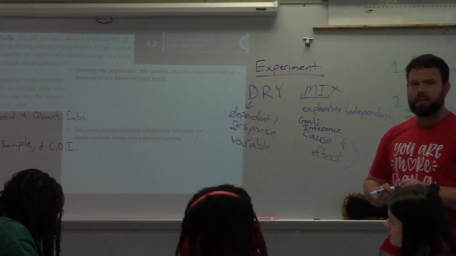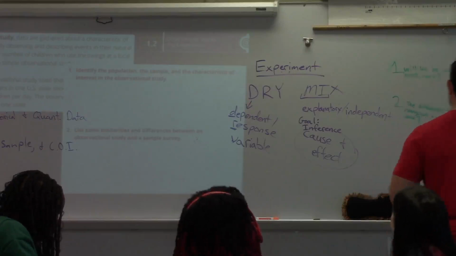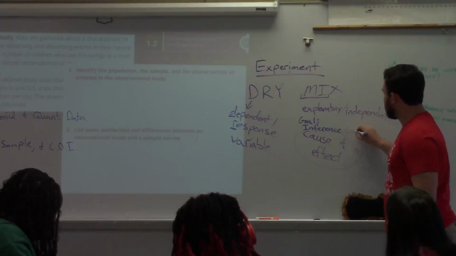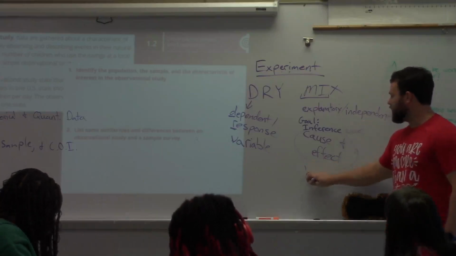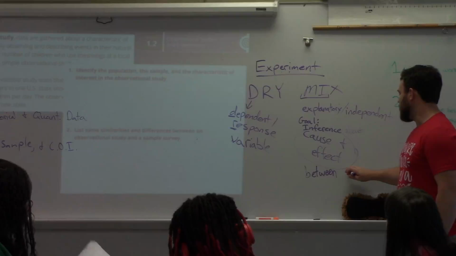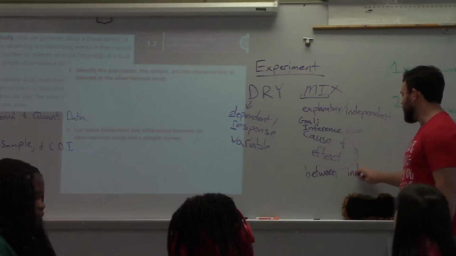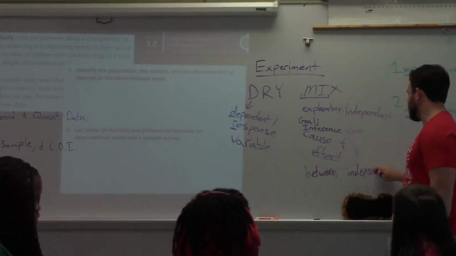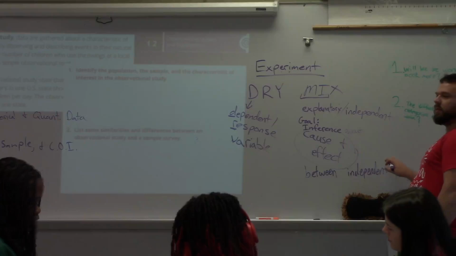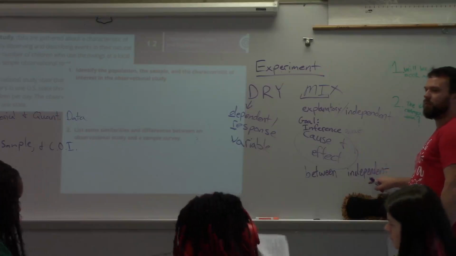Experiment, what was I saying besides that? Oh yeah, your notes. They're your notes here. So, inference about cause and effect between independent, and what's another word for independent that I've used? Dependent's completely different. Another word for the independent variable.